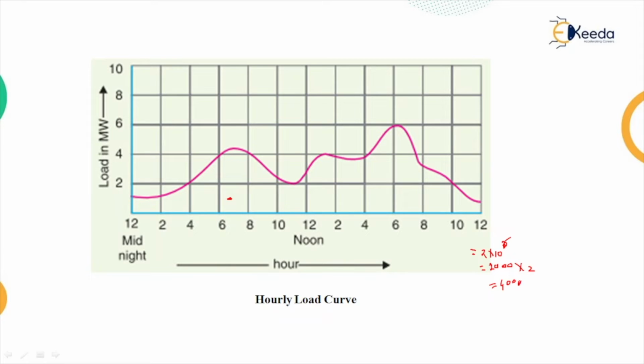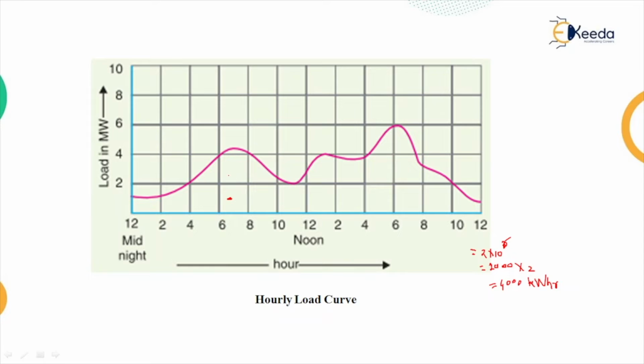The total units generated by the single box is equal to 4000 kilowatt hour.